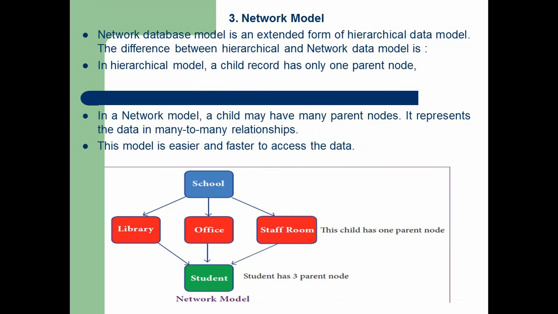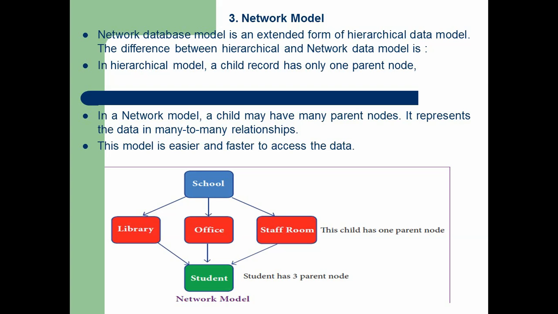Now we are going to discuss the next model called network model. The network model is the extended form of the hierarchical database. The difference is that in the hierarchical model a child record has only one parent, but in the network model a child may have many parent nodes. It represents data in a many-to-many relationship.